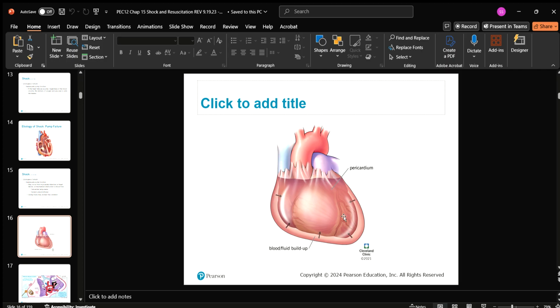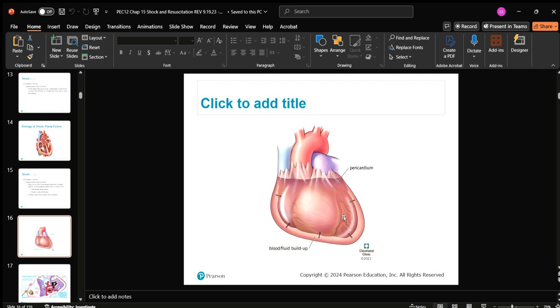Breath sounds. What do you think they're going to be like? They're probably going to be normal in a pericardial tamponade. Okay? So in a pericardial tamponade, my breath sounds are probably going to be normal. I'm going to have JVD, and I'm probably going to have muffled heart tones.